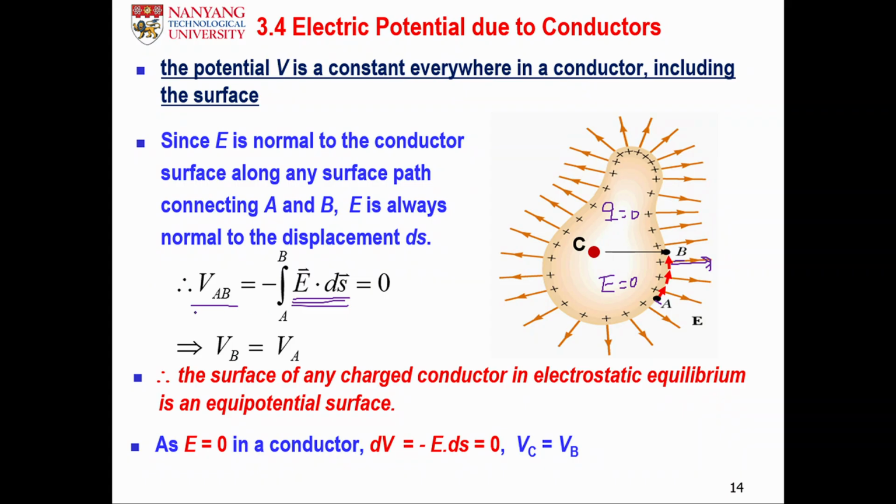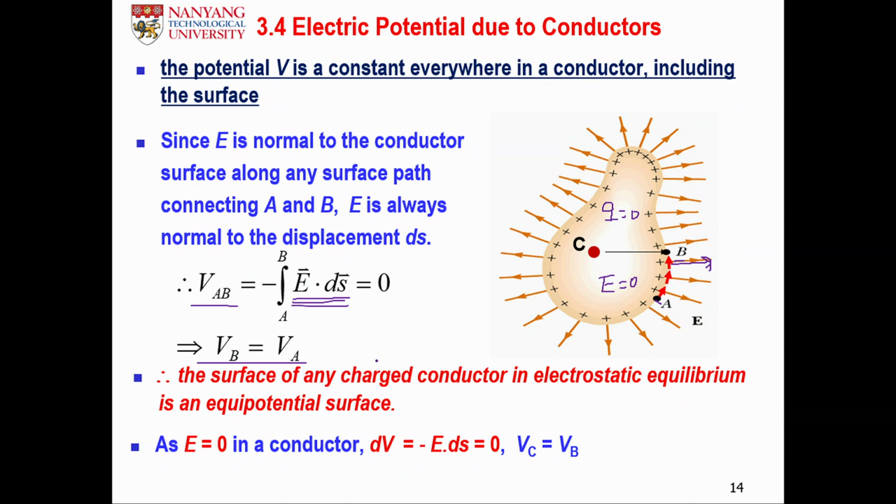And this VAB is always 0 as long as these 2 points A and B are both on the surface. Any 2 points on the surface, the potential is the same. The potential difference is 0.